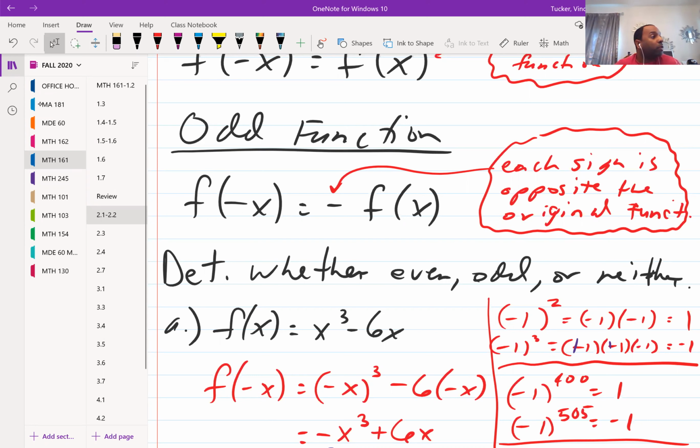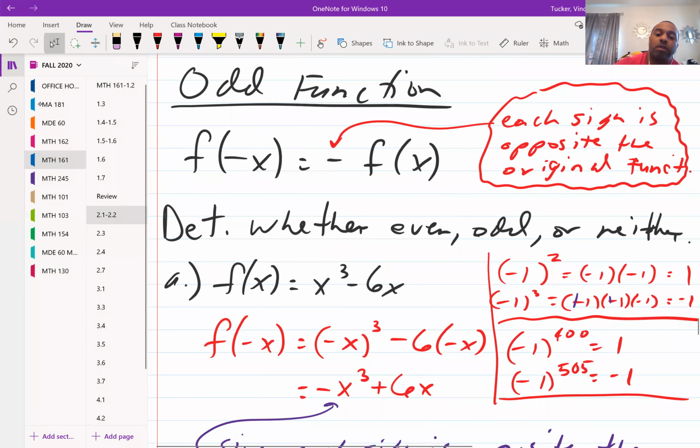All right, so for the first one, we have f of x is equal to x cubed minus 6x. So you plug in negative x wherever you see x. And over here, just re-emphasizing the idea of when you have an even power versus an odd power.